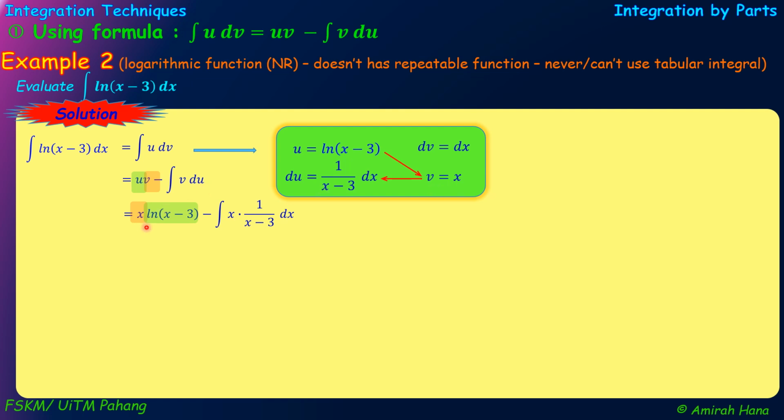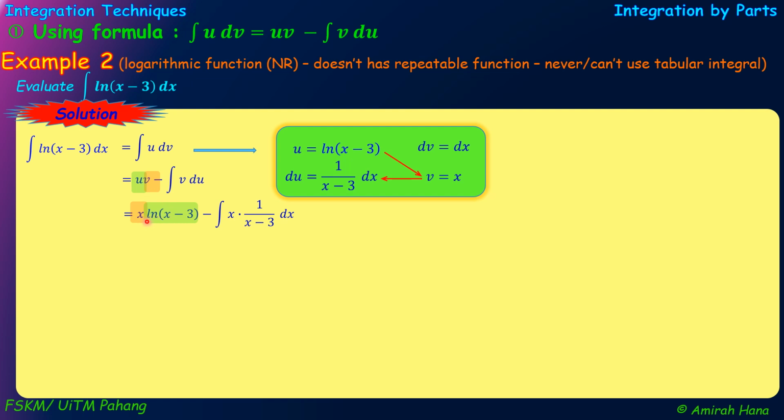To avoid error, we need to write x in front of ln, because if we write x here, some students will intend to multiply it by the bracket x minus 3, and actually we cannot multiply x and the bracket x minus 3 because x minus 3 is inside the ln function.